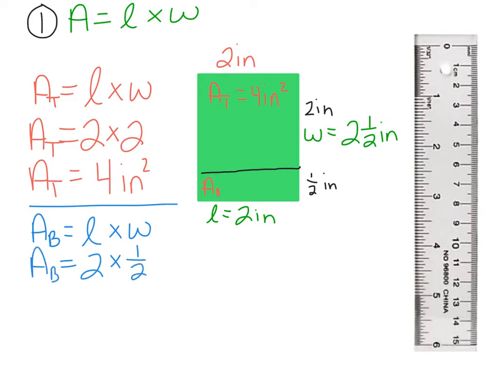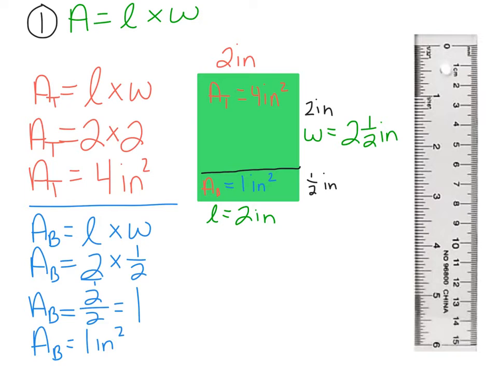I'm going to make that 2 a fraction just to make sense of it all. 2 times 1, my numerator is 2. 1 times 2, my denominator is 2. 2 over 2 is equal to 1. So area of my bottom portion is 1 square inch, 1 inch squared. 2 dimensions, length and width.